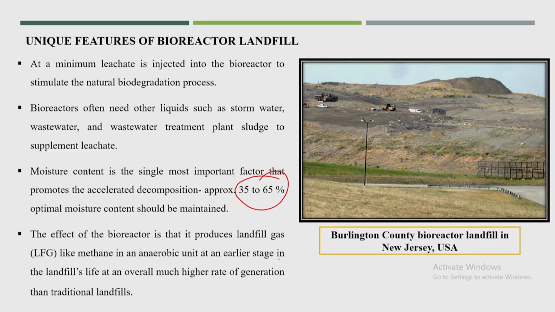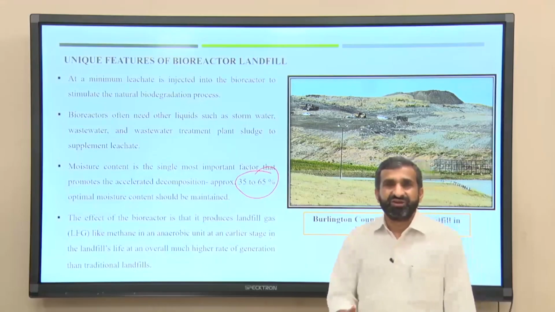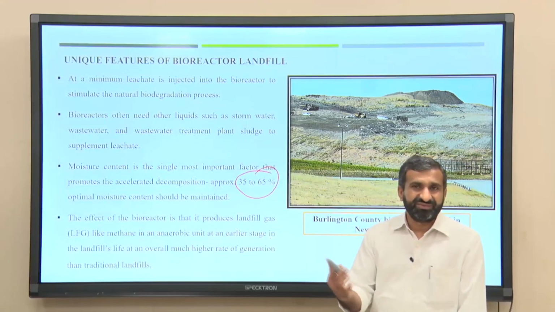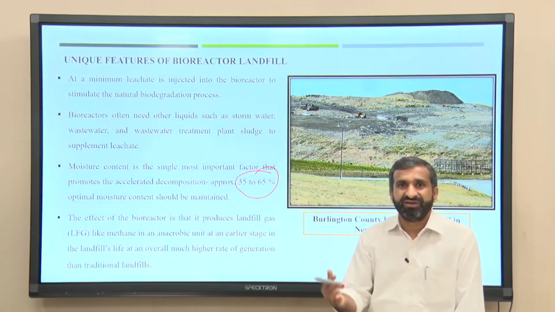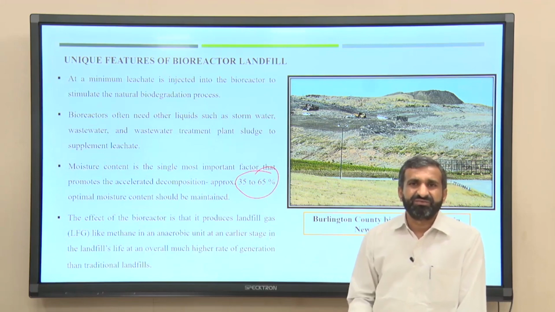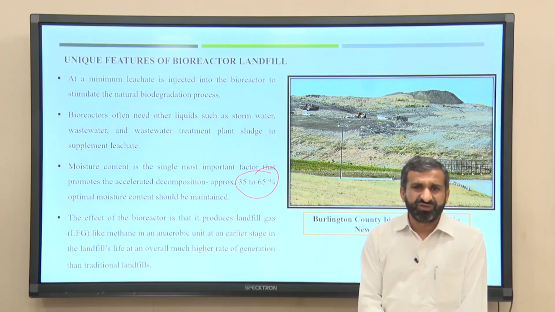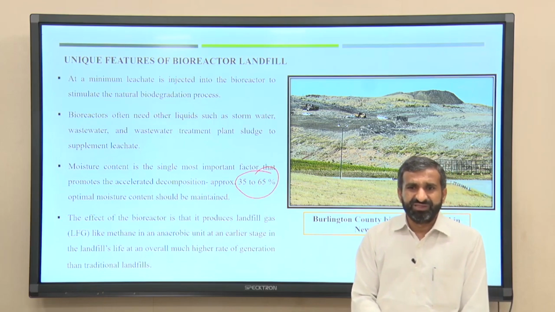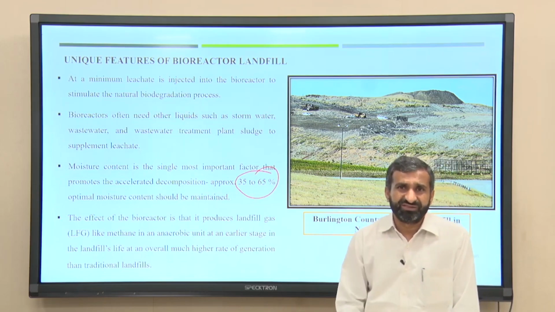The effect of a bioreactor is that it produces landfill gas like methane in an anaerobic unit at an earlier stage in the landfill life, at an overall much higher rate of generation than a traditional landfill. As I was saying, in a traditional landfill, or a not properly designed landfill, or even a normal sanitary landfill, you will not get methane concentration in the initial 2, 3 or 4 years.